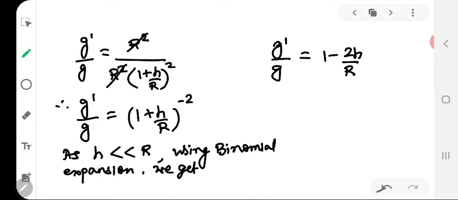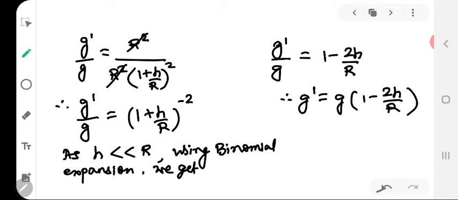So as h is quite small as compared to r, the higher powers of h by r can be neglected. So we get g dash by g equal to 1 minus 2h by r. Or further we can write down g dash to be equal to g times 1 minus 2h by r. So from this equation we can understand that as we go up, the value of acceleration due to gravity decreases. This equation is used to find the value of g at a height when h is very small as compared to radius r of the earth.